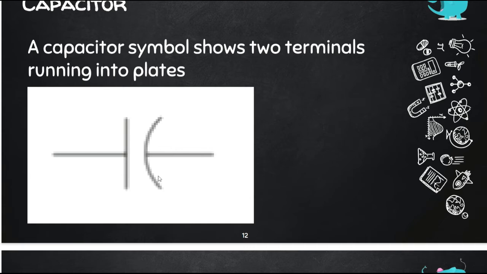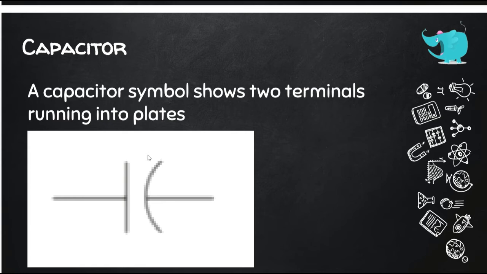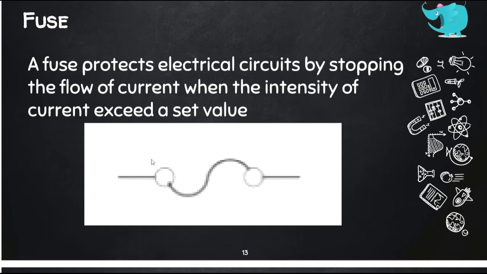Number four is the capacitor. A capacitor symbol shows two terminals running into plates. It is presented with a curve and then a straight line. This is a capacitor. Usually it is found in electrical boards. The next one is the fuse. A fuse protects electrical circuits by stopping the flow of current when the intensity of current exceeds a set value.